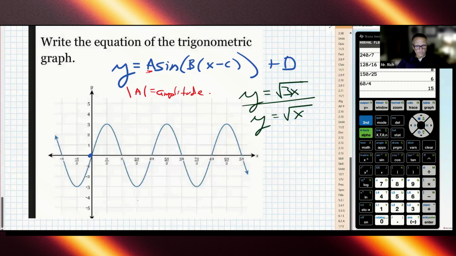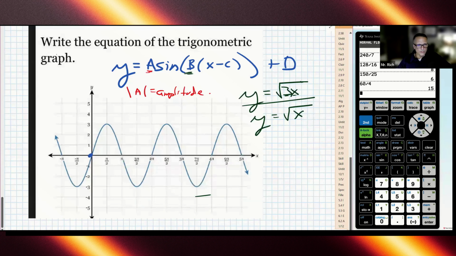Remember on that previous problem, I showed you the formula for period is 2 pi over b, because whatever that number is, assuming it's larger than 1, it's going to shorten the period, which is consistent with what we learned earlier in the AP Precalc class, that when you stick a coefficient in front of the x, you take its parent function, and every point that was on the function becomes 1/3 the distance from the y-axis. It's a horizontal compression.